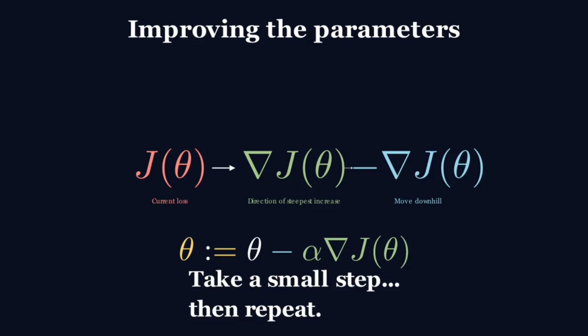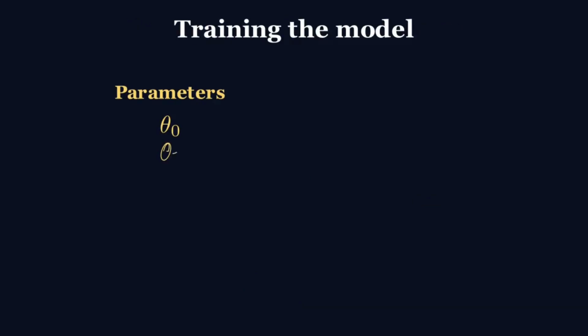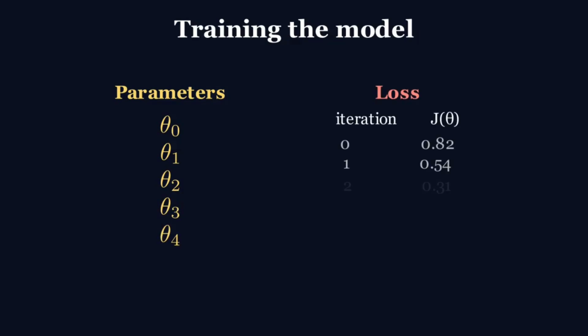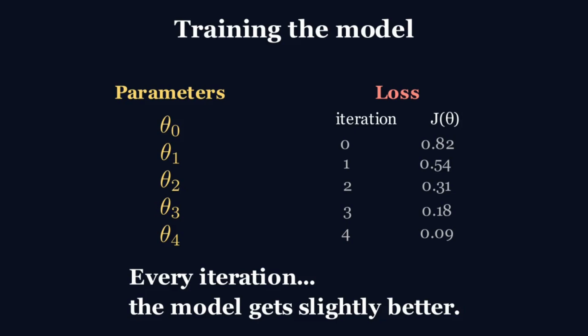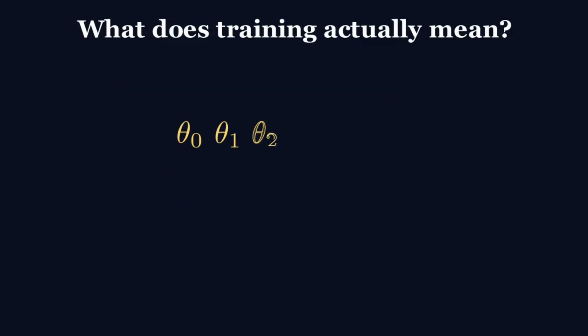And the process repeats with new parameters, new predictions, new loss, and a new gradient. Another small step, and we repeat this process again and again and again. With every iteration, the parameters become slightly better, the predictions become slightly more accurate, and the loss gradually decreases. Eventually, the model stops improving significantly. And that, ladies and gentlemen, is what machine learning engineers mean when they say a model is training.